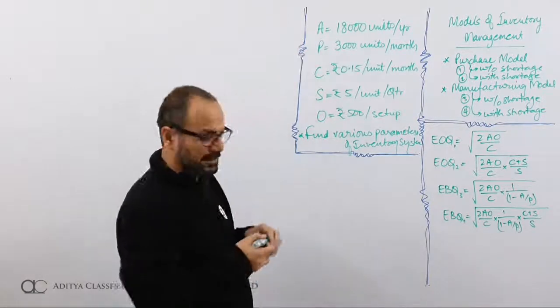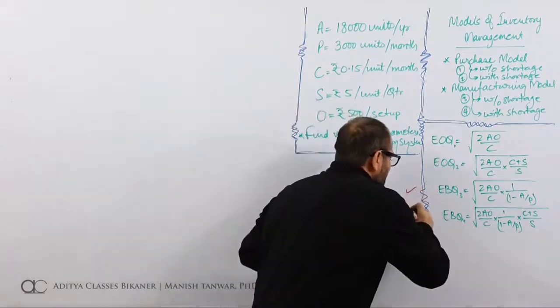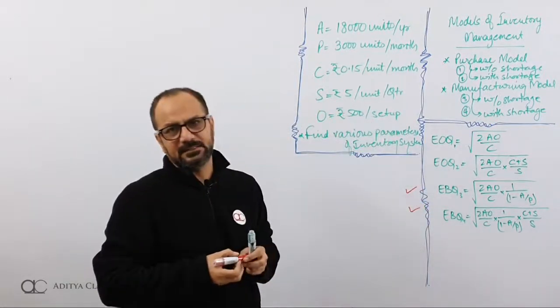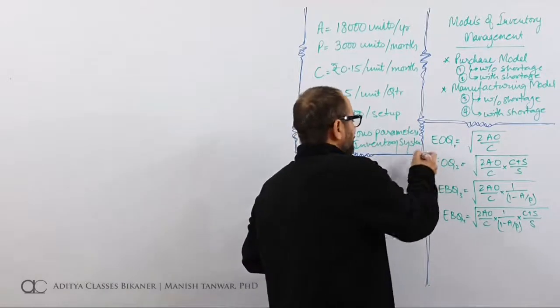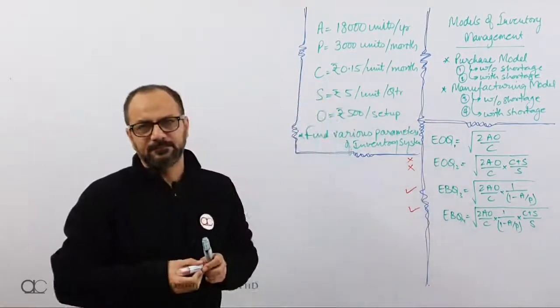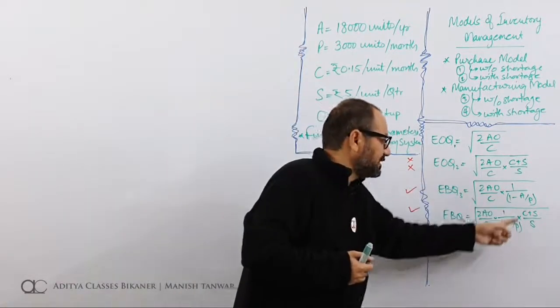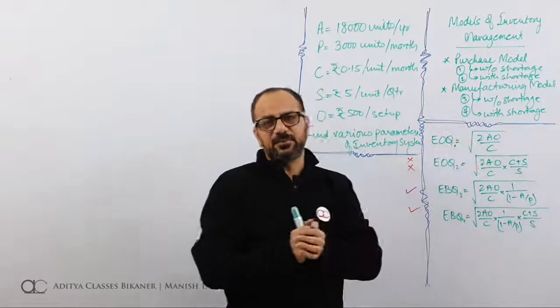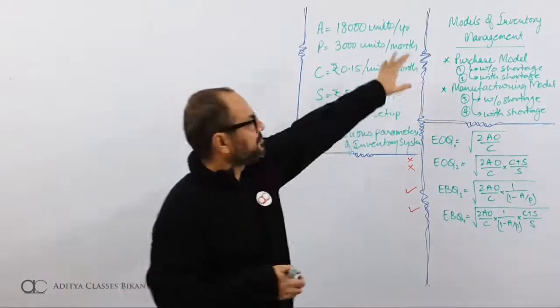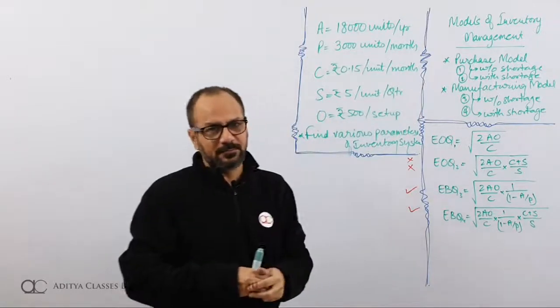We have production rate. As soon as you get production rate, it has to be either this or this. There is no possibility of it being the second or first model, because production rate is used in only these two models. These two models do not make use of production rate. So it is not a purchase model, it is definitely a manufacturing model.